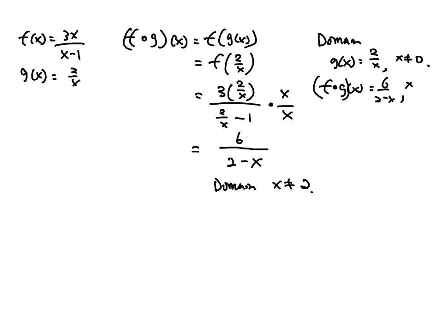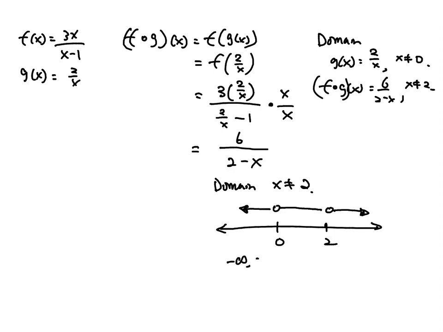That means x cannot equal to 2. So our domain, 0 and 2, those are both open. And our domain will be everything everywhere else. So our domain will be negative infinity to 0, union 0 to 2, union 2 to positive infinity.